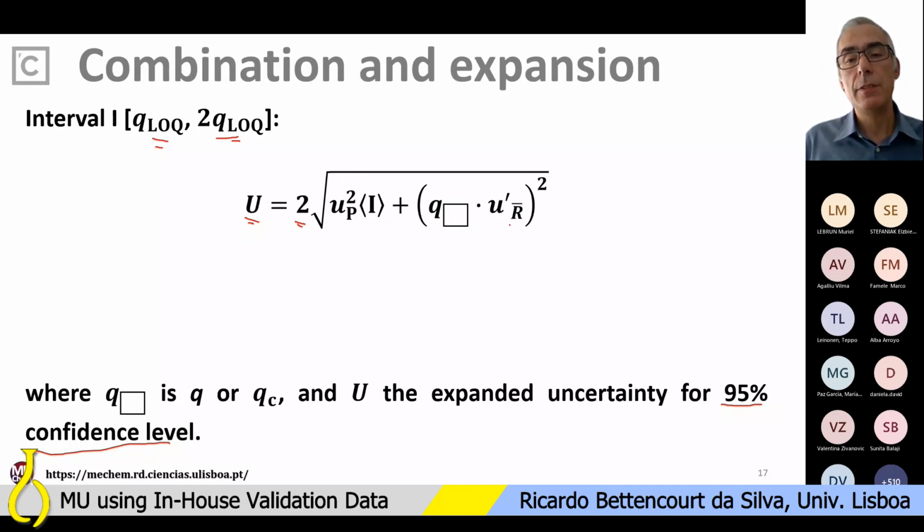That will be the relative standard uncertainty of the mean recovery times the measured value. And the measured value can be the original value or the corrected value, depending on your scenario.